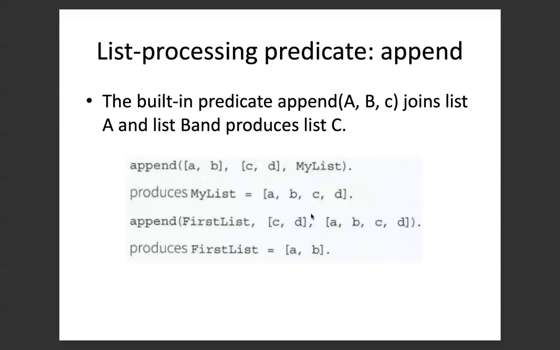This first part is naturally associated with A, B over here, because that's what the rule states. With the finalized list, the second part will be here, and the first part will definitely be something over here. So if my finalized list has C, D as the second part, then the first part must definitely be A, B, and that's why you instantiate the first list with A, B over here.